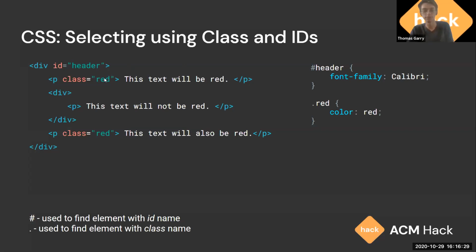Behind the scenes, this will give it an attribute called styles, and it will give it color red. This would also be red because it has the class. But this text in between doesn't have the class, and it doesn't have the ID header. Actually, it would be in Calibri, but that's because it's part of this div. So yeah, we can continue.